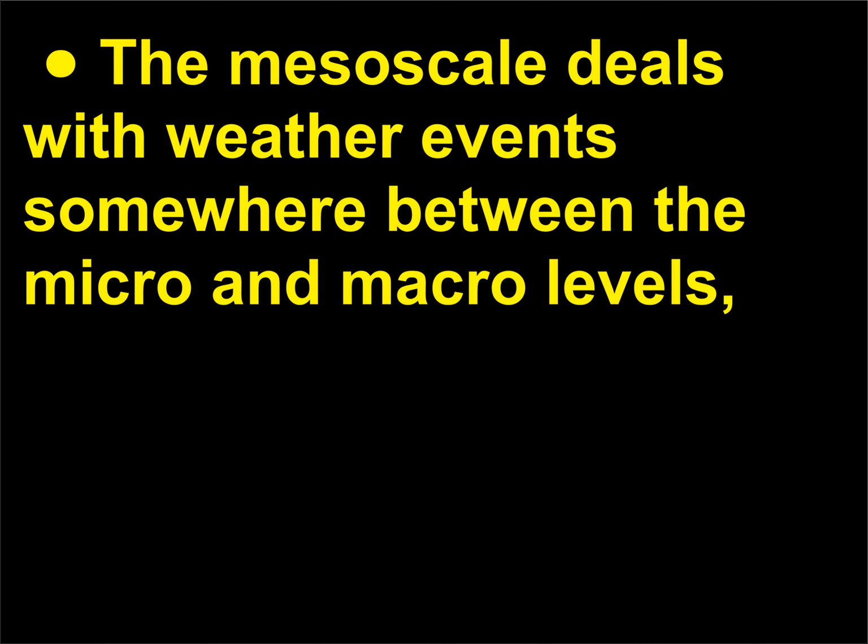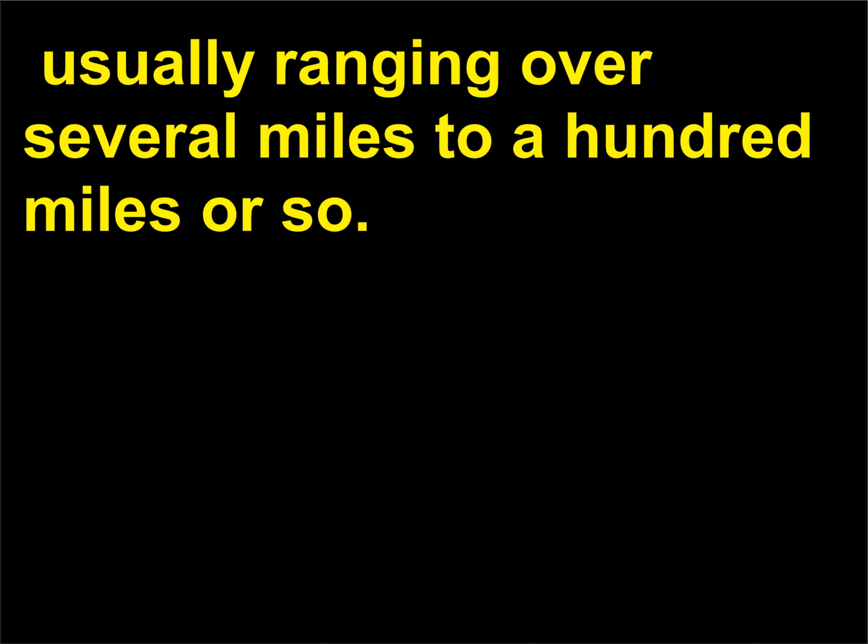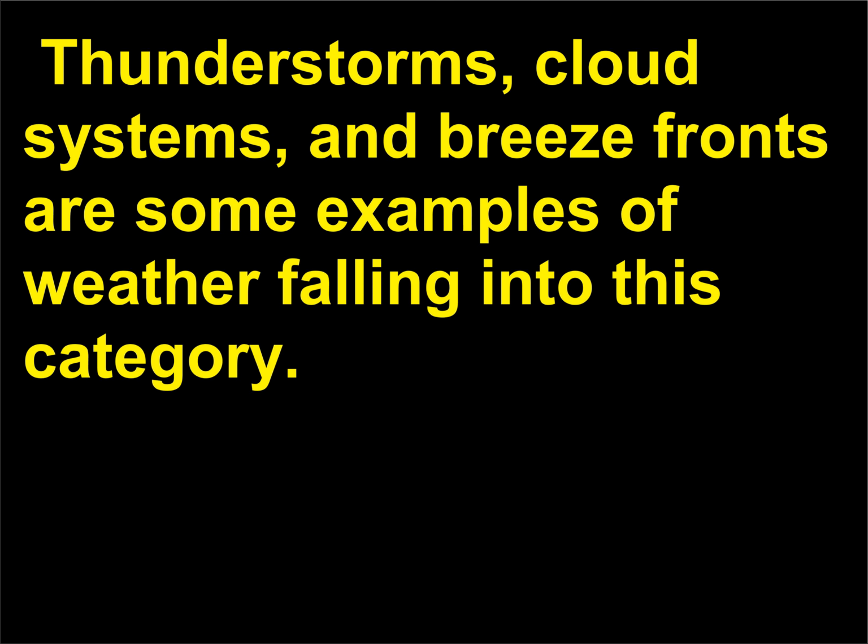The mesoscale deals with weather events somewhere between the micro and macro levels, usually ranging over several miles to 100 miles or so. Thunderstorms, cloud systems, and breeze fronts are some examples of weather falling into this category.